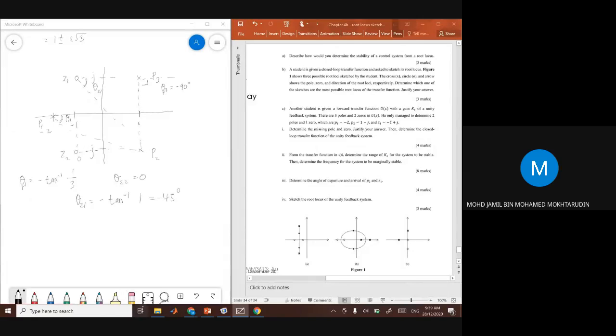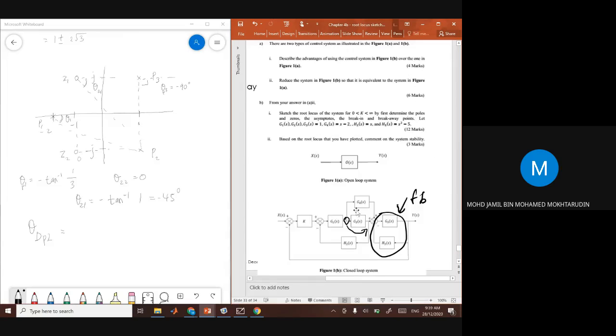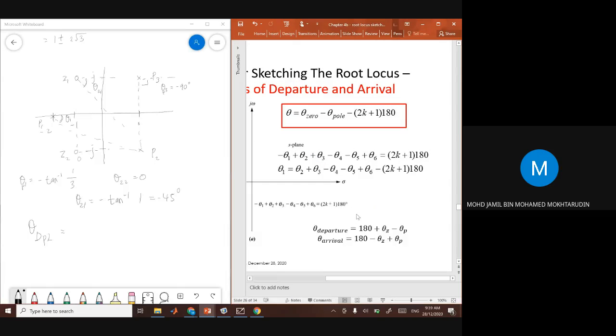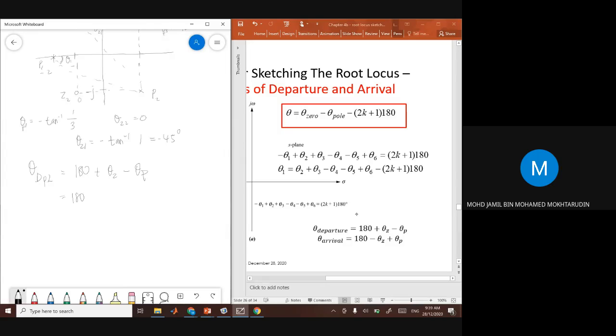Okay, and then angle of departure equals... I forgot the formula. 180 plus theta Z minus theta P. So you get 180 plus minus 45 degrees minus minus 90 minus tangent inverse of 1 over 3. Okay, this is for departure.